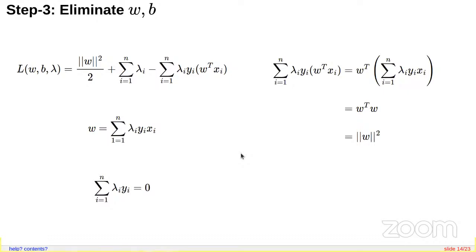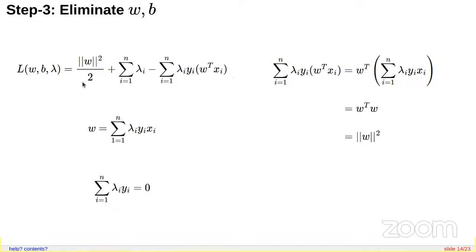W transpose. Right, so I have just taken this W transpose out. So this expression is what? W. Okay, right, so that expression is W. As we can see, when we find the gradient of L with respect to W, this is what W turned out to be. So this is nothing but norm of W squared. This whole thing is norm of W squared.